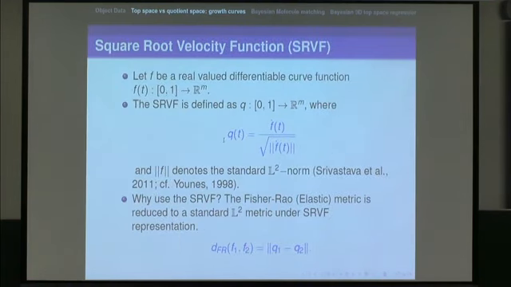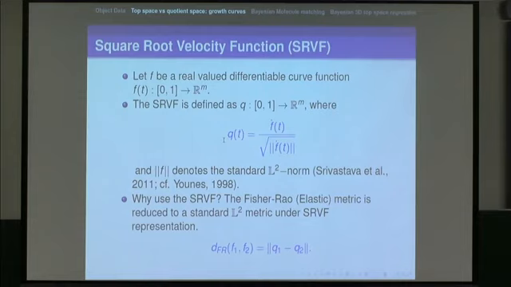Okay, so in order to do the functional data analysis, I'm going to borrow from the framework of Srivastava et al. And Ian German in the room is responsible jointly for this as well. So this involves, first of all, taking the derivative of the function and then normalizing by the norm of the derivative. And this is called the square root velocity function.